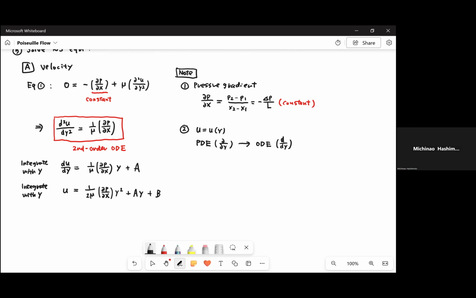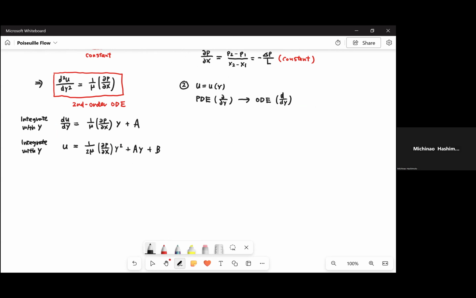Great. Find a and b using boundary conditions. In this case, when you plug in plus h and minus h, u equals 0.